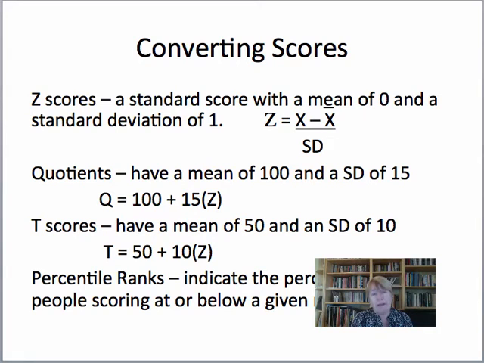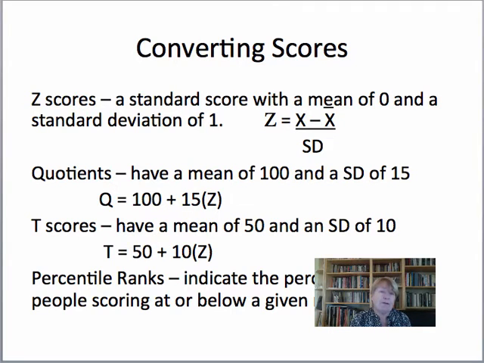It's below the mean, right? Because it's a negative. And certainly 15 is below the mean. And in this particular case, it's more than one standard deviation below the mean, because remember, z's have a standard deviation of 1. So negative 1.25 is going to be between 1 and 2 standard deviations below the mean.